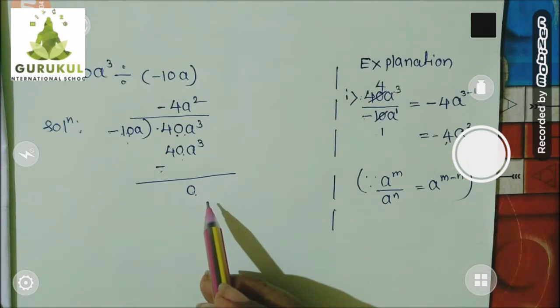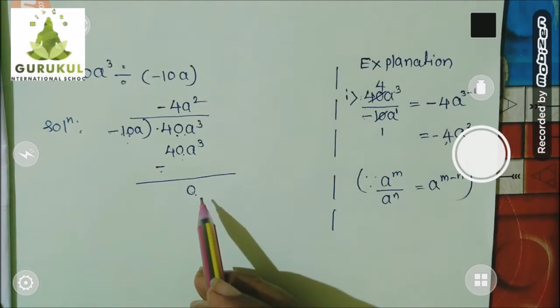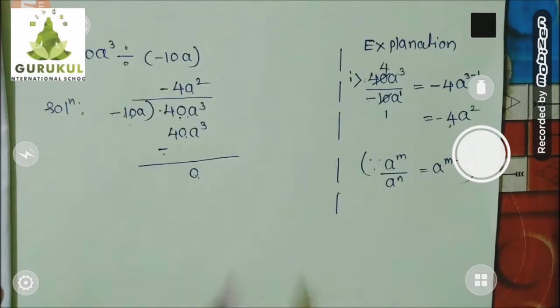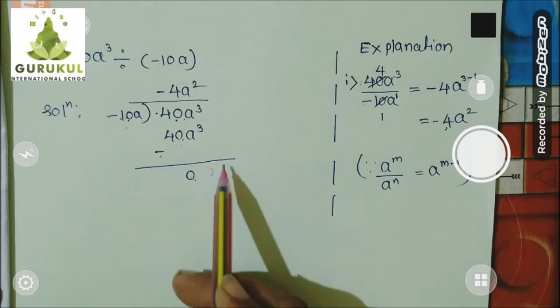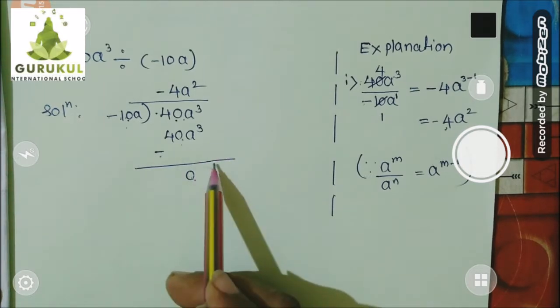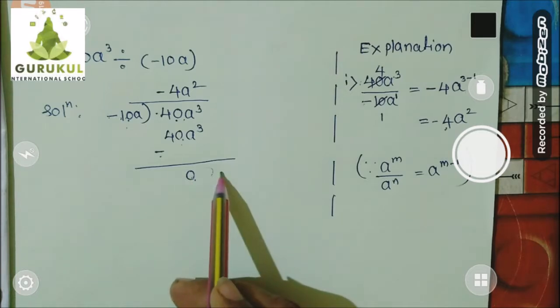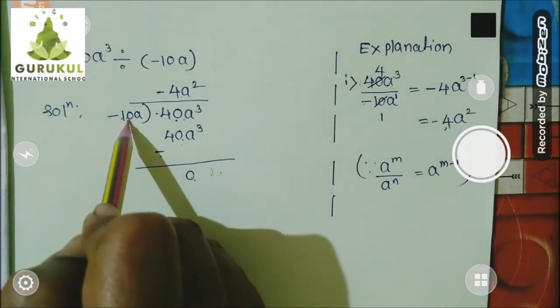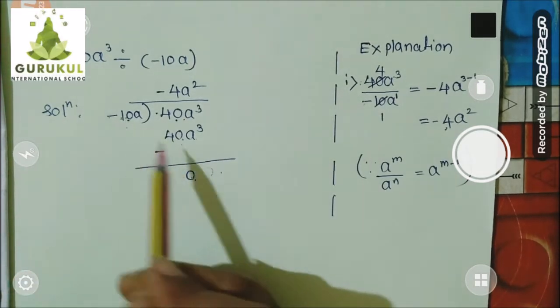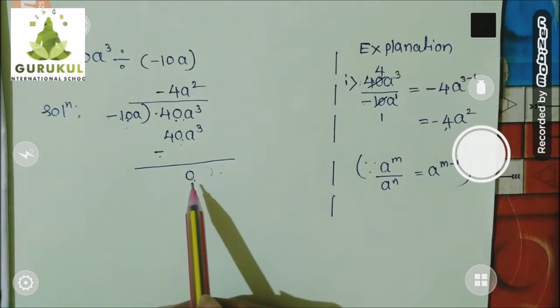Okay, when that kind of example comes, once again I will repeat this. But you remember this: either the degree of the remainder, whatever remainder is left in every step, is less than the degree of the divisor, then you have to stop, or you will get 0 directly.